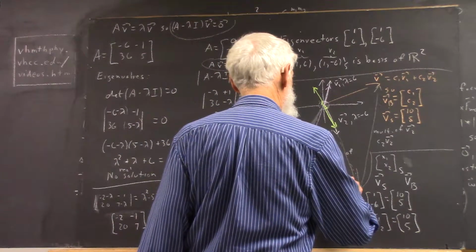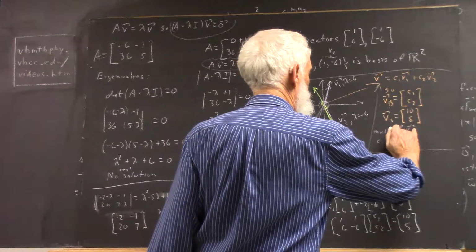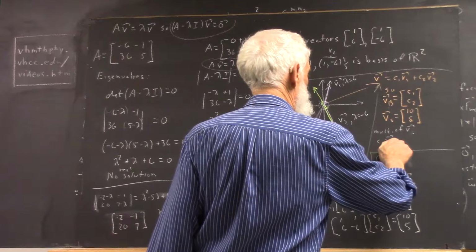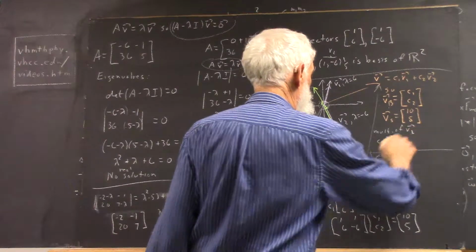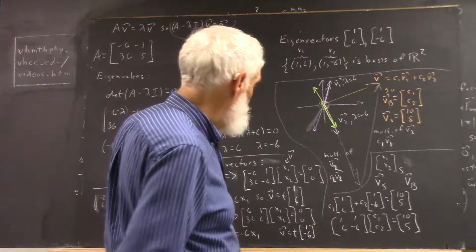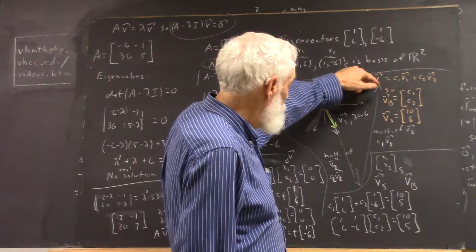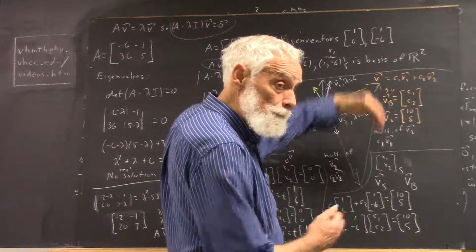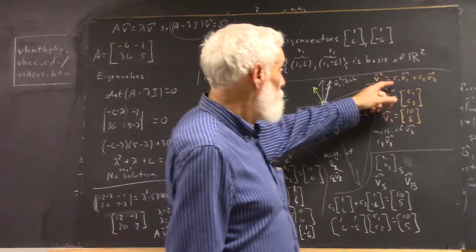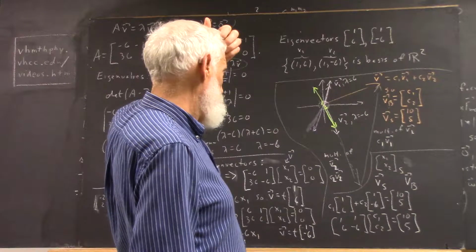This would be our C2 V2. And this would be a C1 V1, a multiple of V1, because this is in the direction of V1. Okay? So, this is a C2 V2. This is a C1 V1, parallel to V1, different length. So V equals C1 V1 plus C2 V2. Okay?